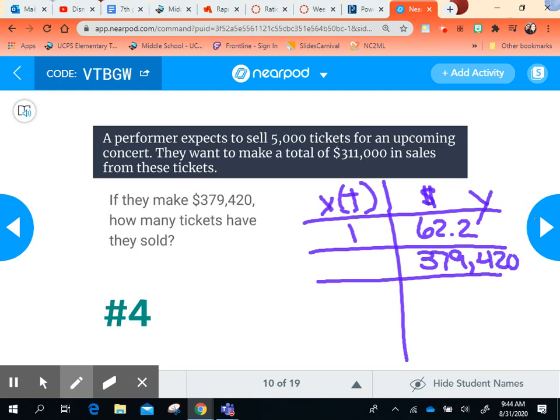So we said from left to right, we did what? We multiply. So from right to left, we did what? Divide. So that means because I have my information on the right side, I'm going to do 379,420 divided by my unit rate.